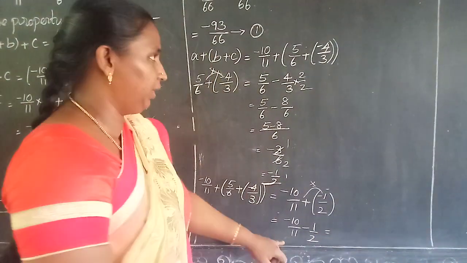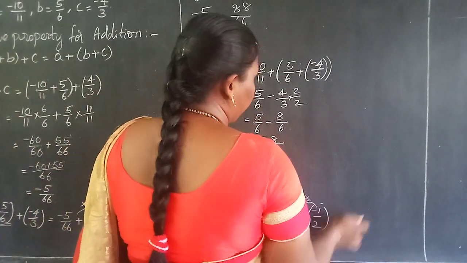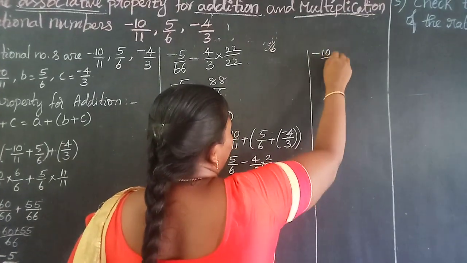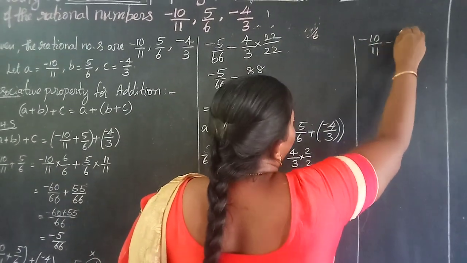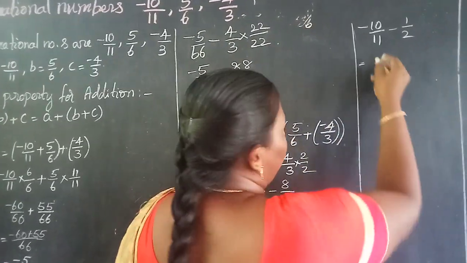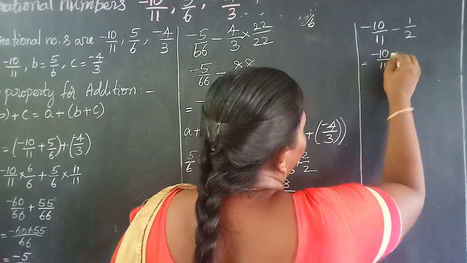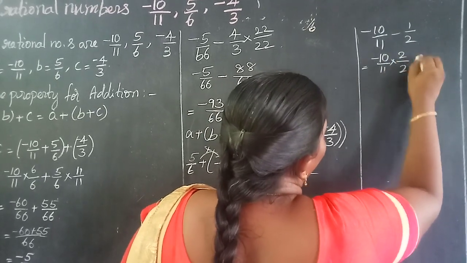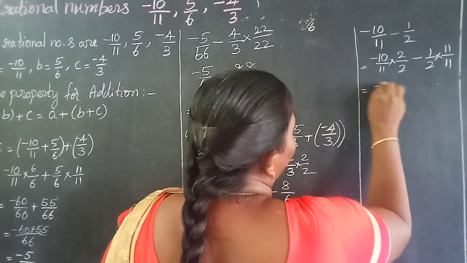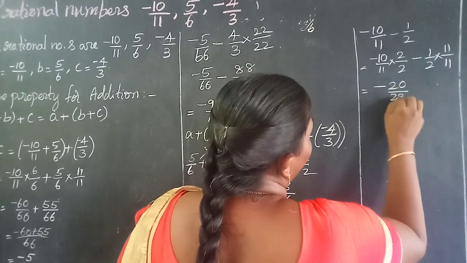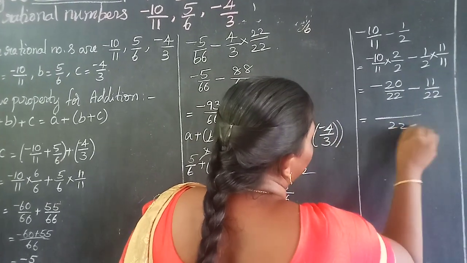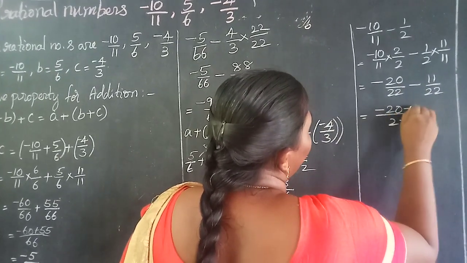Next, minus 10 by 11 plus into minus gives minus 1 by 2. Here the denominators are different, so you have to take the LCM. Minus 10 by 11 minus 1 by 2: 11 twos are 22, which is the LCM. Minus 10 by 11 into 2 by 2, minus 1 by 2 into 11 by 11. So minus 20 by 22 minus 11 by 22, which is minus 20 minus 11 over 22.